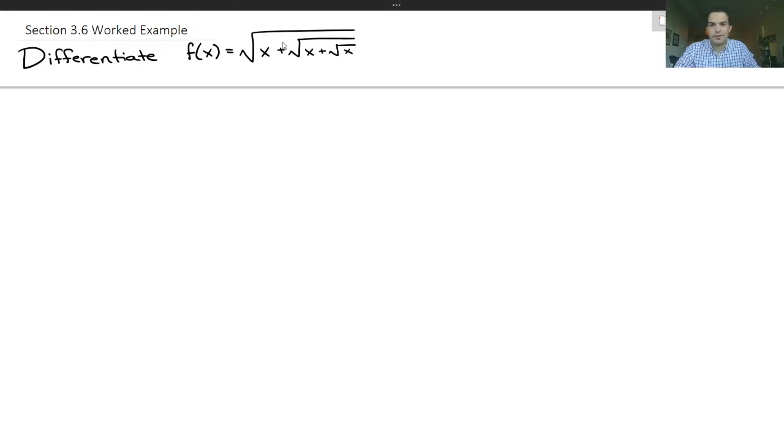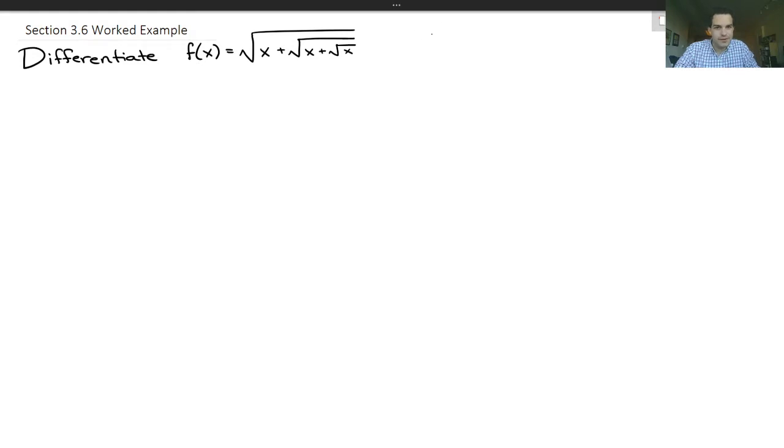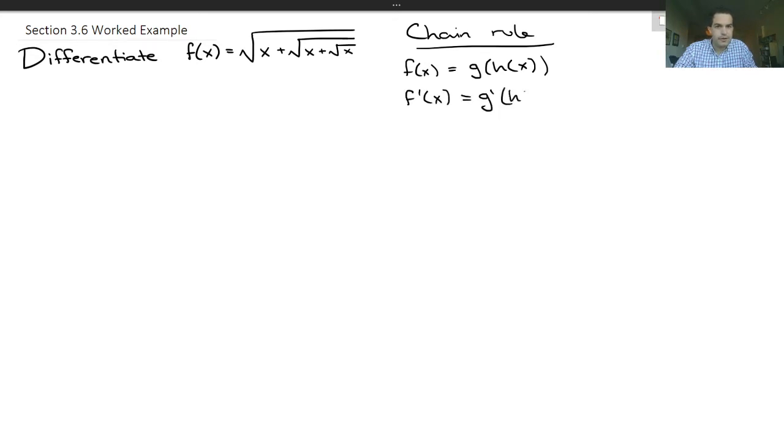So first, let's remind ourselves, what is the chain rule? It's always a good way to start. So the chain rule says if f of x equals g of h of x, then f prime of x equals g prime of h of x times h prime of x.